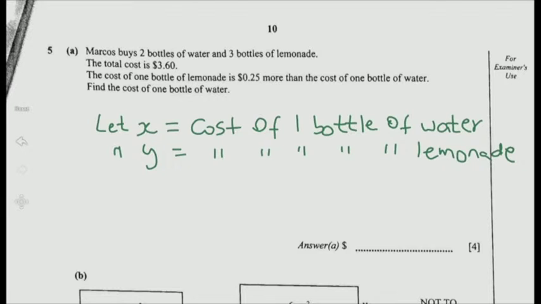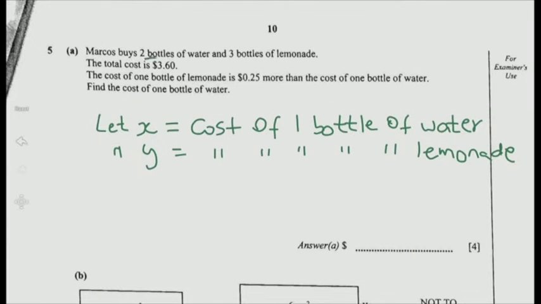Then what will be the equation in terms of x and y for the total cost of those 2 bottles of water and 3 bottles of lemonade?